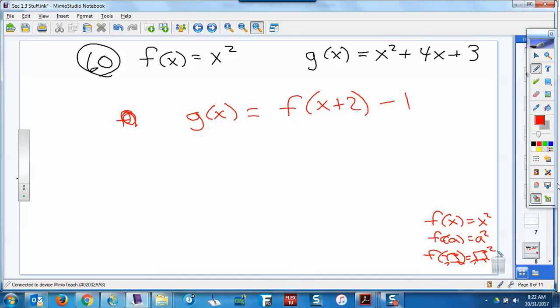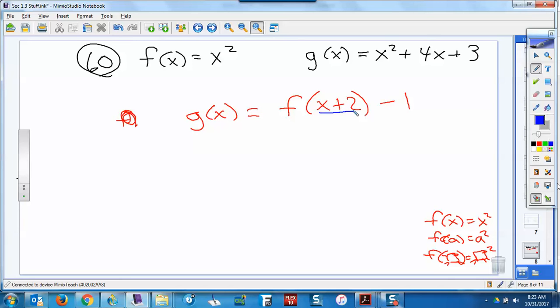Now, what that means is, when you're doing f of anything, you take that anything and you plug it in, okay? So what I would do is I would look at this blue thing and I would think of that as my German short hair. So what does f of x plus 2 mean? It means take x plus 2 and plug it into the f function.